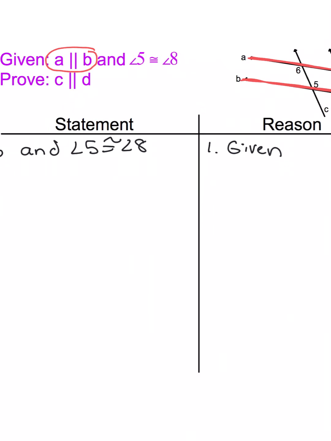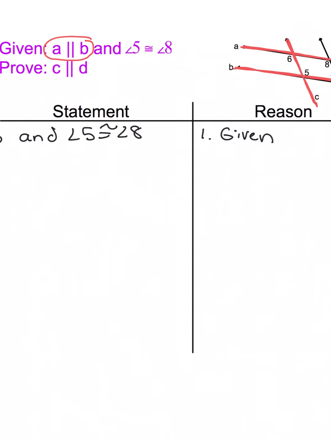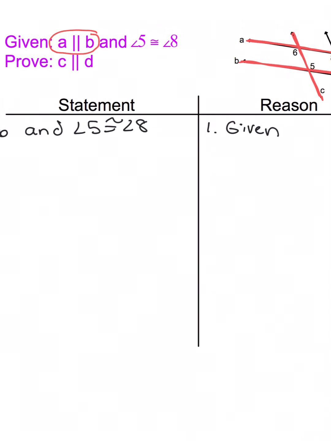If I'm looking at this transversal, I know I have 6 and 5, which happen to be what types of angles? 6 and 5 are alternate interior angles. And again, we're starting with parallel lines. So we're actually using the theorem right now, right? If I flip back to the front, it says if you have parallel lines, then these certain types of angles are congruent. So I can state that 6 and 5 are congruent using the AIA theorem.